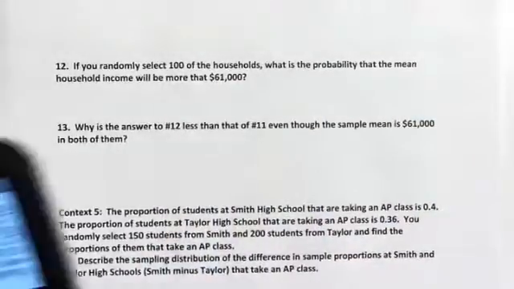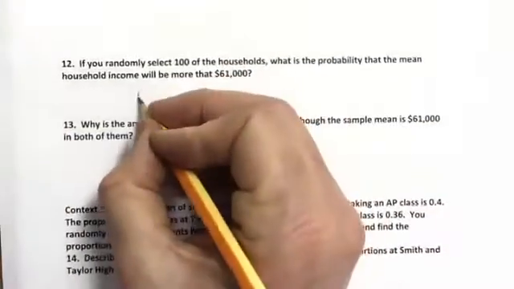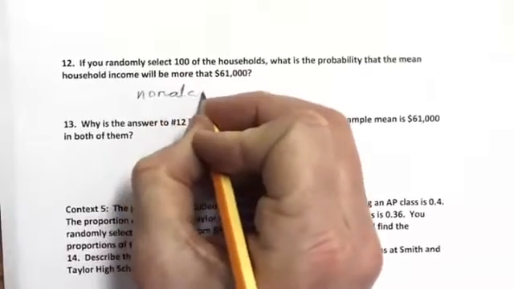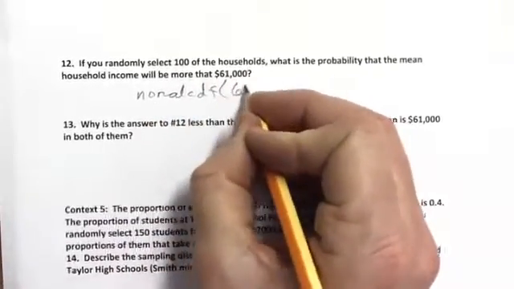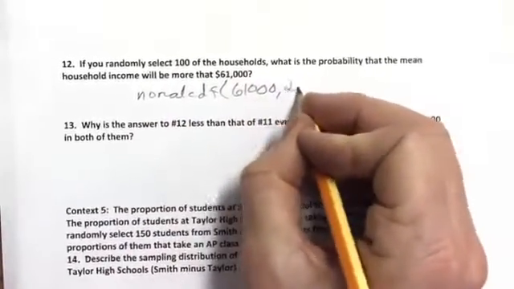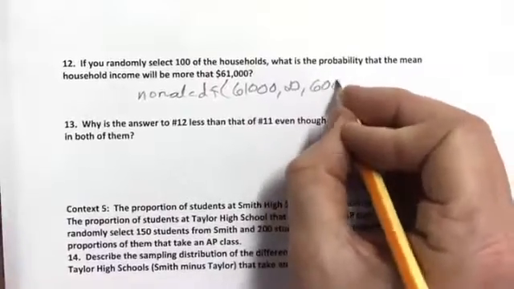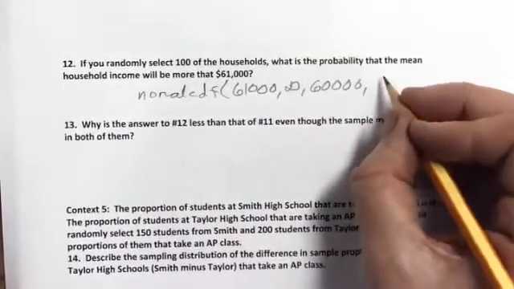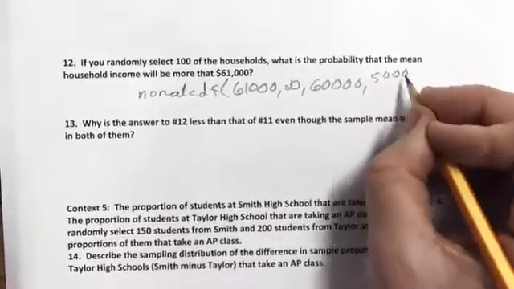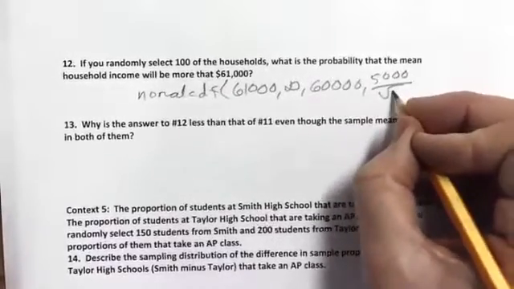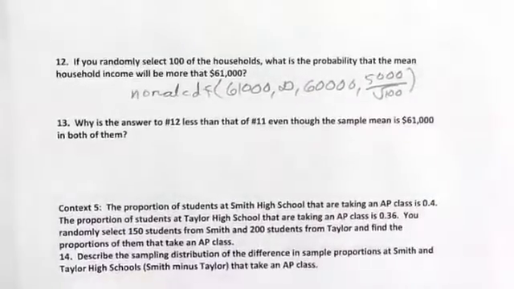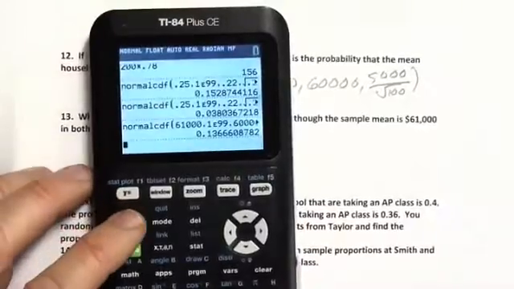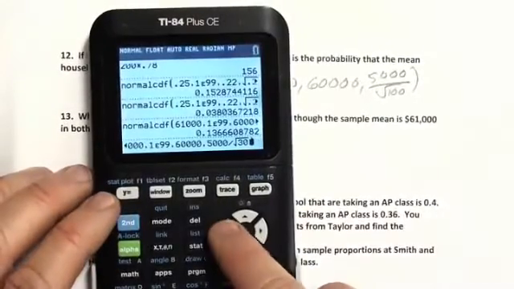So it would be the same thing, normal CDF, 61,000 to infinity. Our mean is 60,000. And our standard deviation is now 5,000 divided by the square root of 100. Okay, so I'll just use second entry to do that and change that to 100.